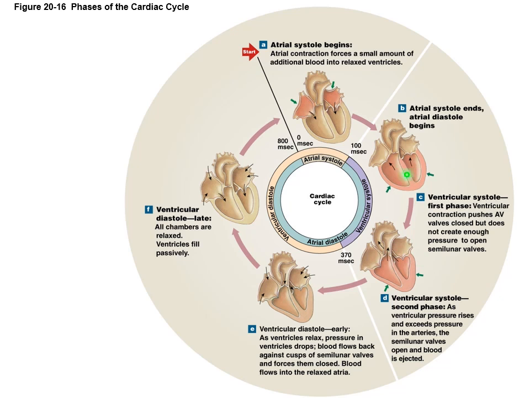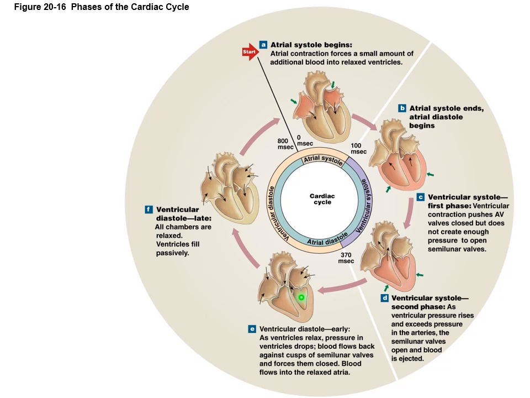Okay, so we've already bypassed the isovolumetric phase. Now we're actually moving blood forward into the major vessels, the major arteries. Finally, we have ventricular diastole. Okay, as ventricles relax, pressure in the ventricles drops. Blood flows back against the cusps of the semilunar valves and forces them closed.